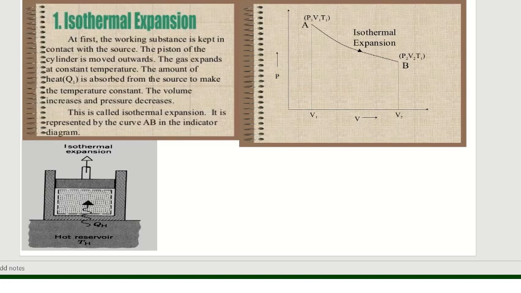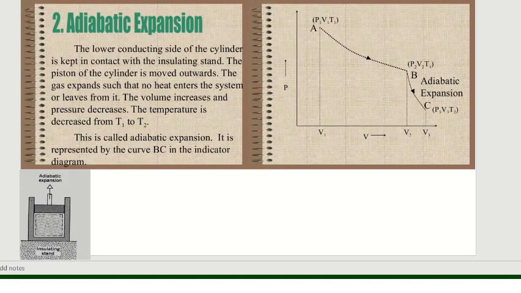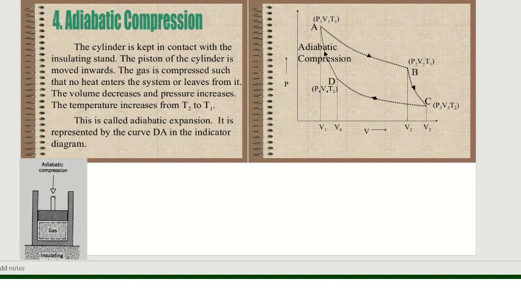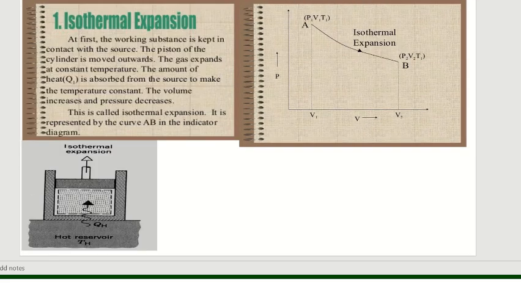The same parts are being used in the Carnot engine. So this is the first cyclic process, that is isothermal expansion. Second one is adiabatic expansion. Third one is isothermal compression, and fourth one is adiabatic compression. So let us see in detail these cyclic processes, that is operations which take place in a Carnot engine.